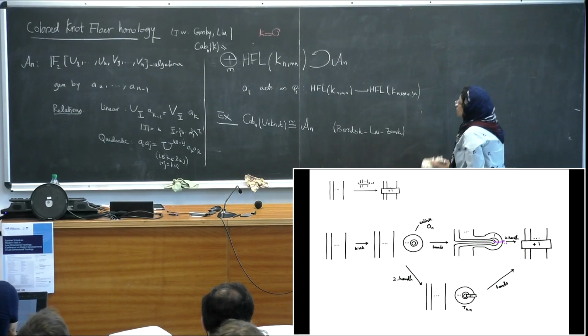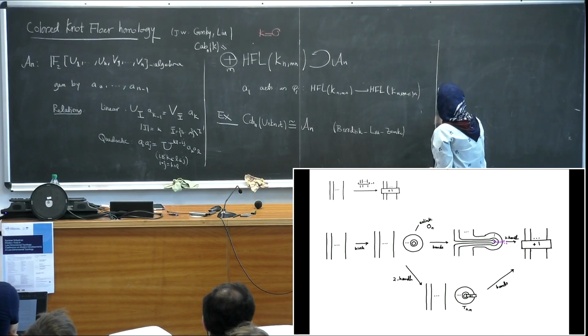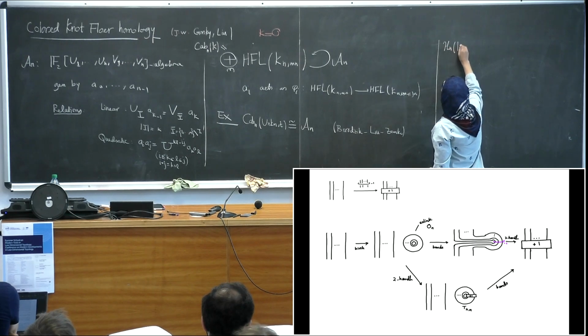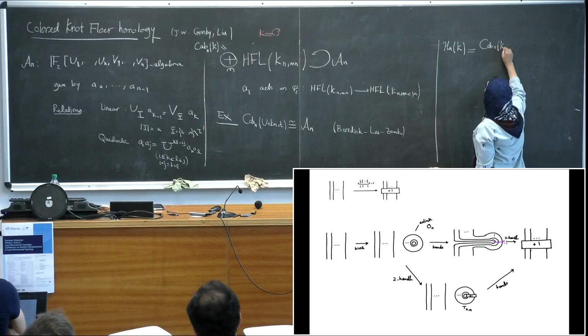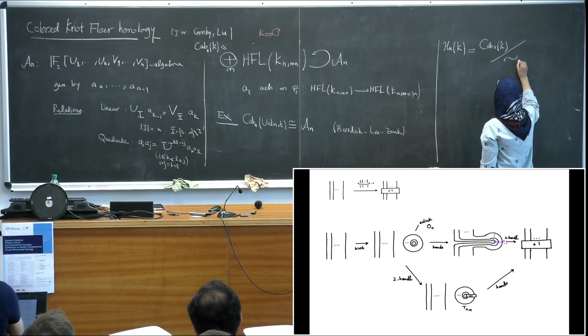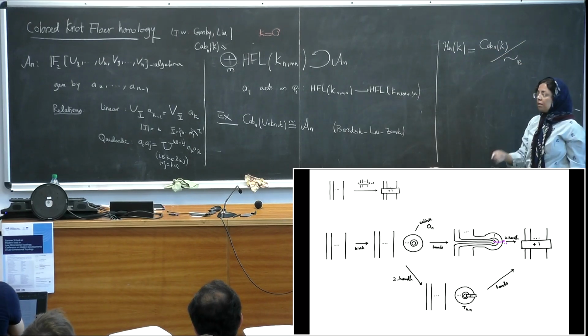But that's easy now at this point. So, Hn of K is a quotient of this by this phi 0 action, right?